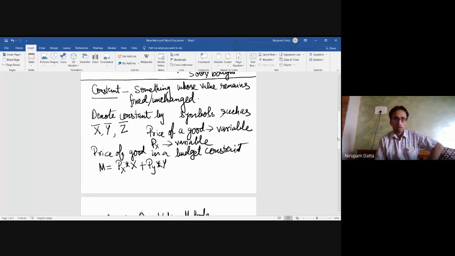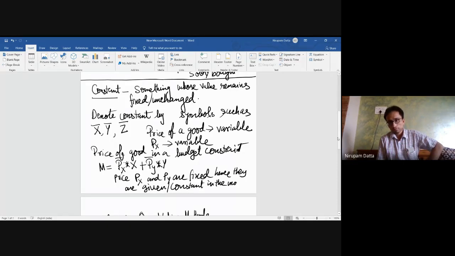In this case, that is Px bar and Py bar, the prices Px and Py are fixed. Hence, they are given or constant in the model.